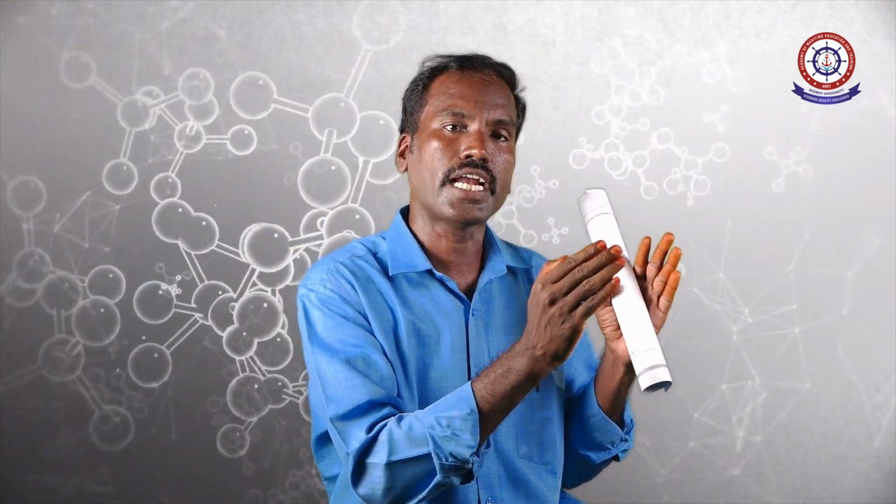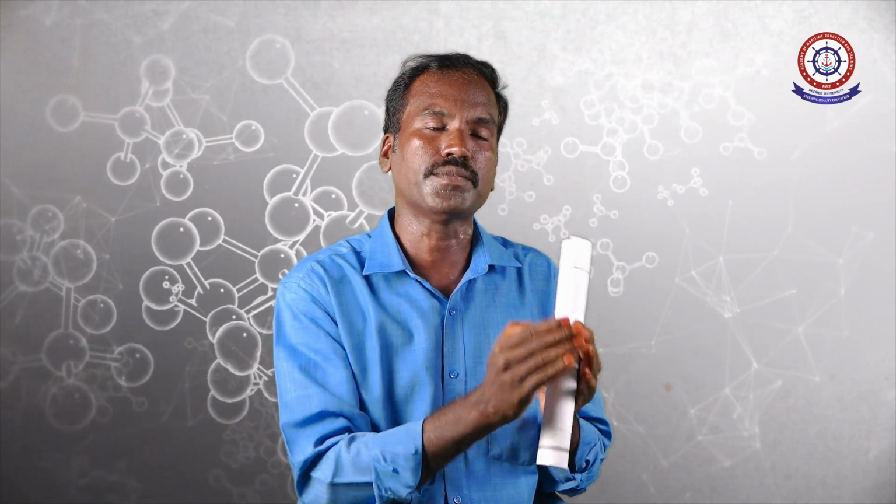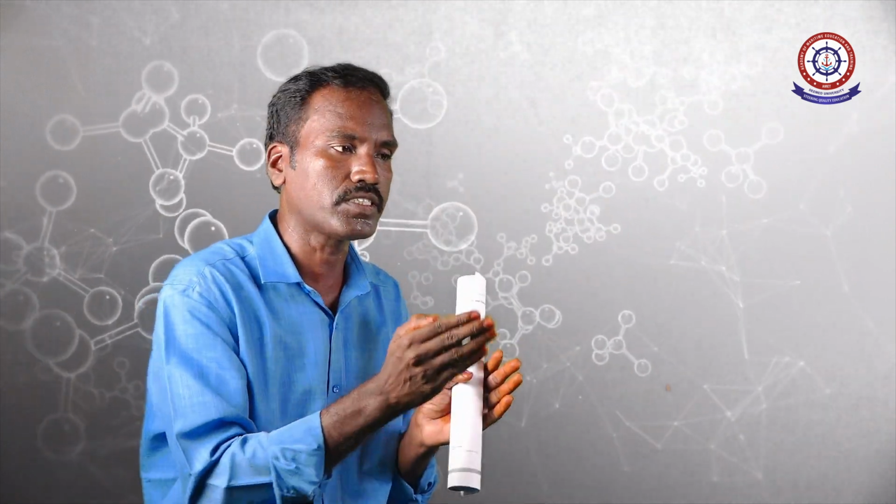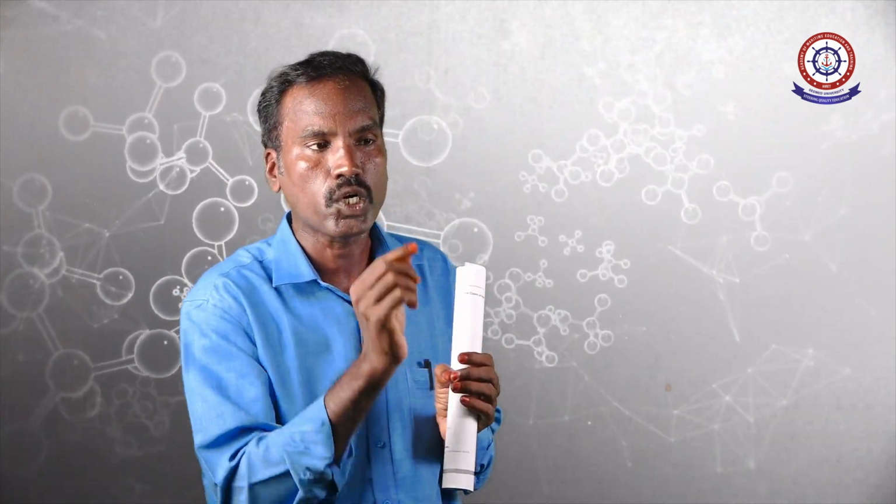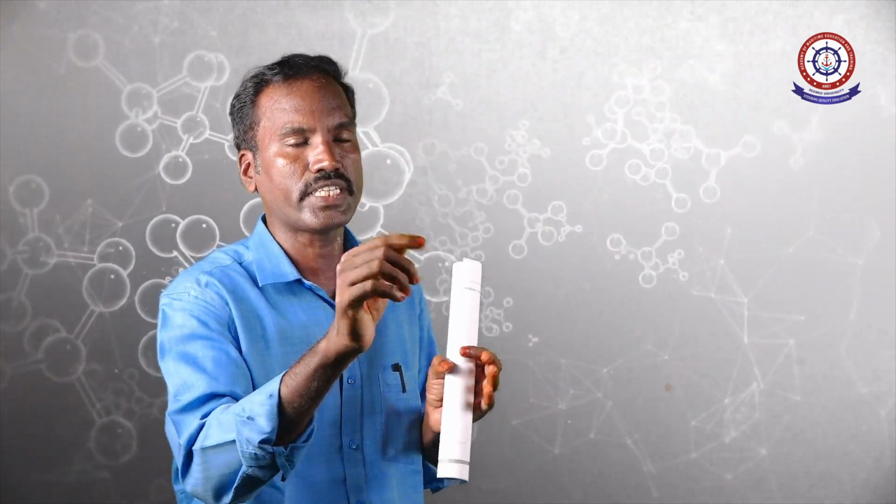For example, 3 hydrogens and 1 OH group. Here hydrogen is a single atom, and OH is a functional group. This functional group is a hydroxyl group. CH3OH is methanol, CH3CH2OH is ethanol, based on the increase in carbon.